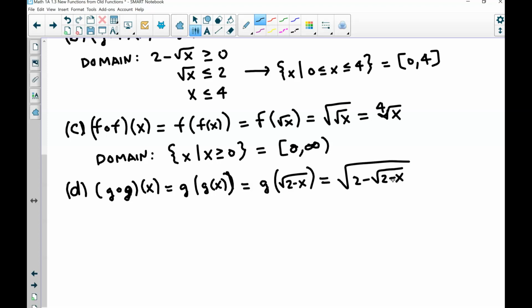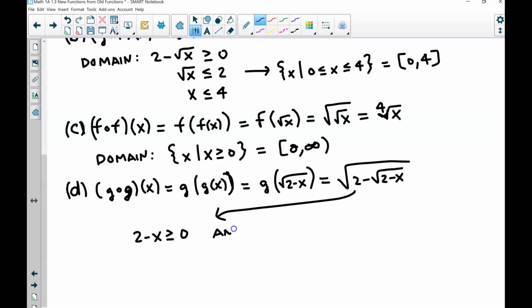So we need to find an expression and define it when it's defined. So because you're looking at this function, the first radical, inside the radical is 2 minus x, and we want to find out when that's greater than or equal to 0.